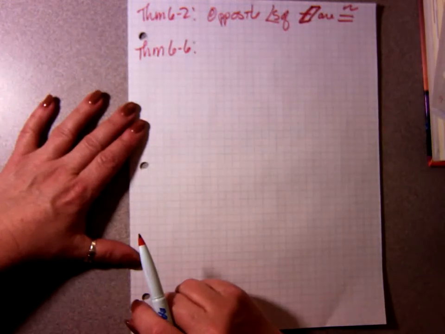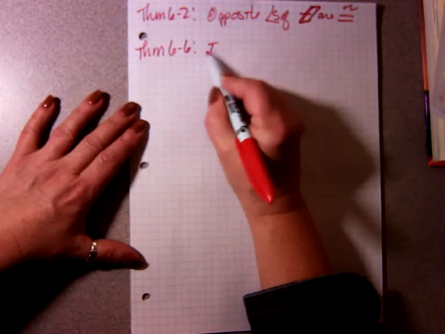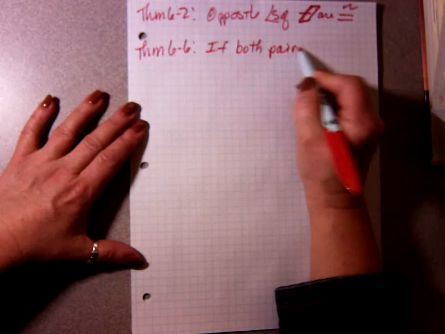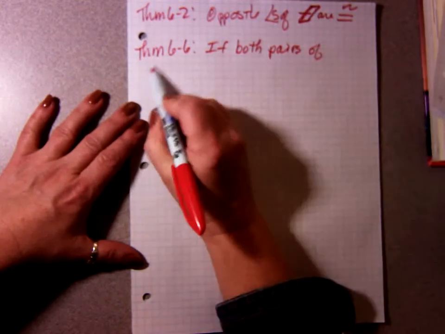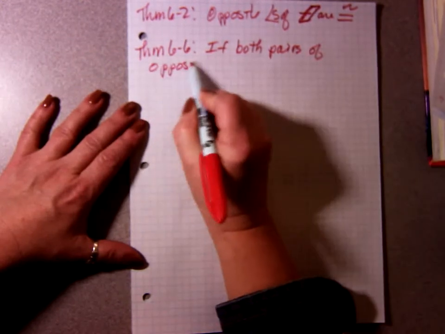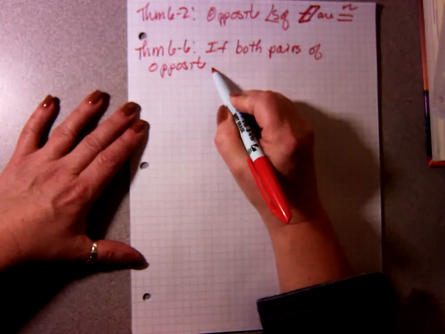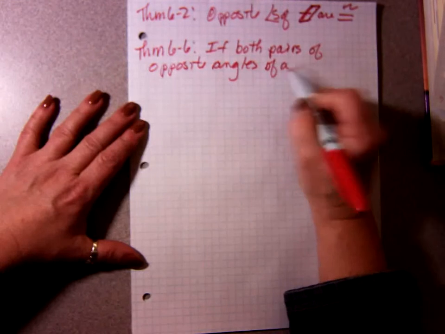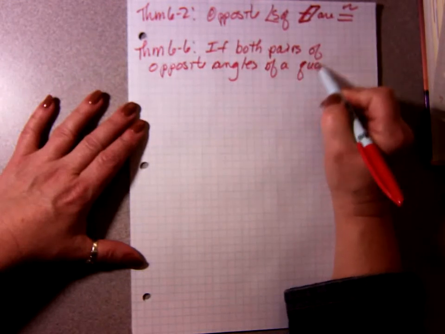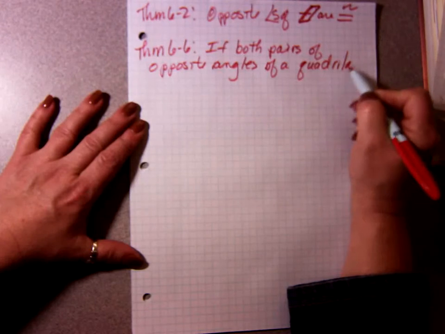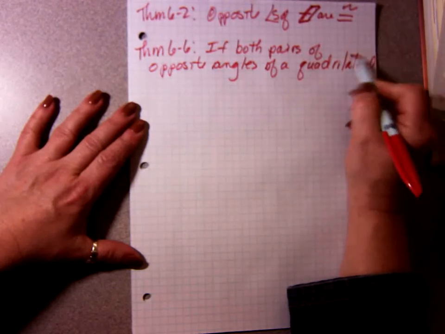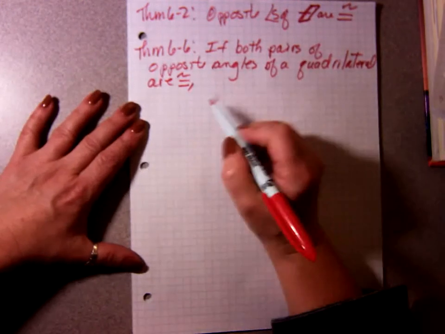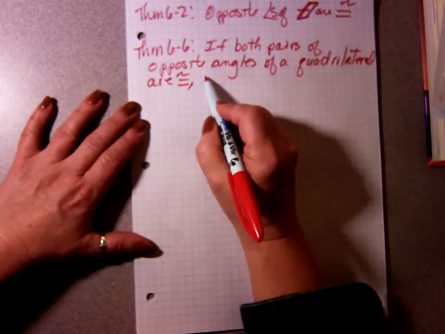So it states that if both pairs of opposite angles of a quadrilateral are congruent, then the quadrilateral is a parallelogram.